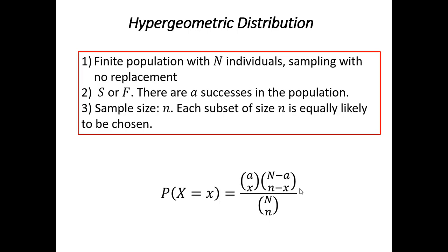Our sample size will still be n, and we assume each subset of size n is equally likely to be chosen. So the probability our random variable, capital X, is equal to x is given by A choose x times N minus A choose n minus x, divided by the number of subsets of size lowercase n.